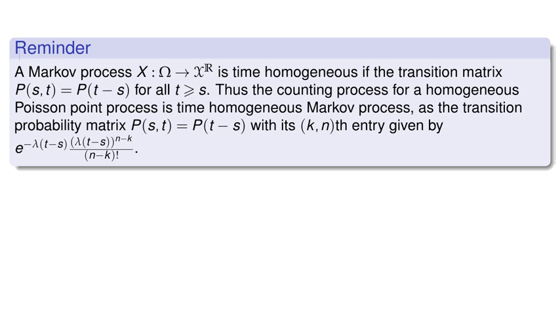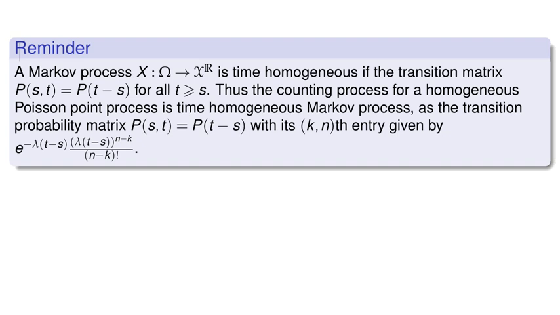As a reminder, a Markov process X is time homogeneous if its transition matrix P_st depends only on the difference t minus s, i.e. P_st equals P_{t-s}.